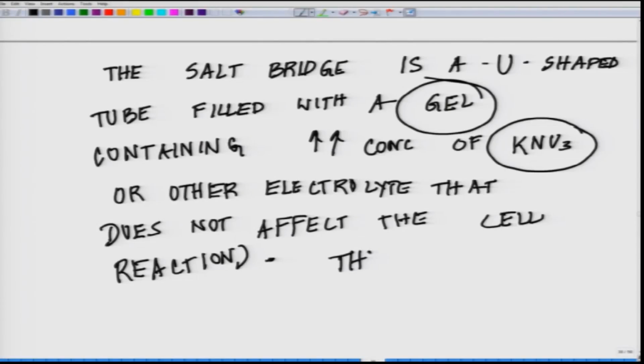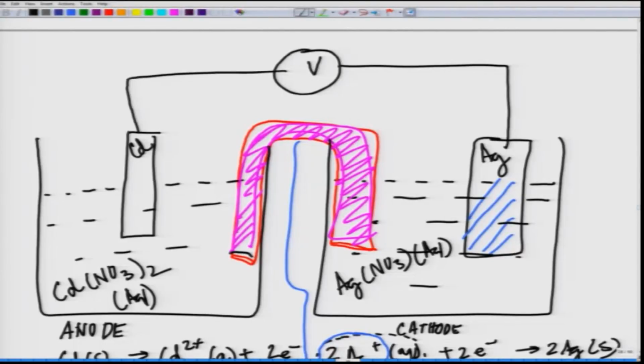The ends of the bridge, these are the ends we are talking about, are filled with porous material.